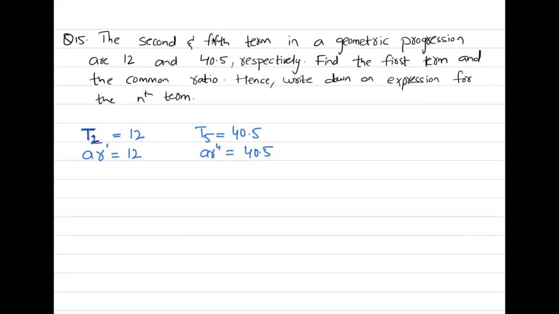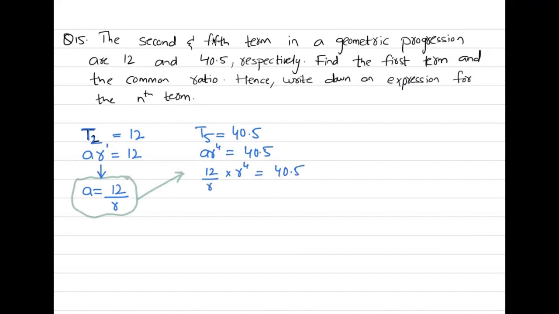I can solve them simultaneously. So from the first equation, a is going to be 12 upon r. And you can substitute this value in the second equation. The a value is 12 upon r times r to the power of 4 equals 40.5.